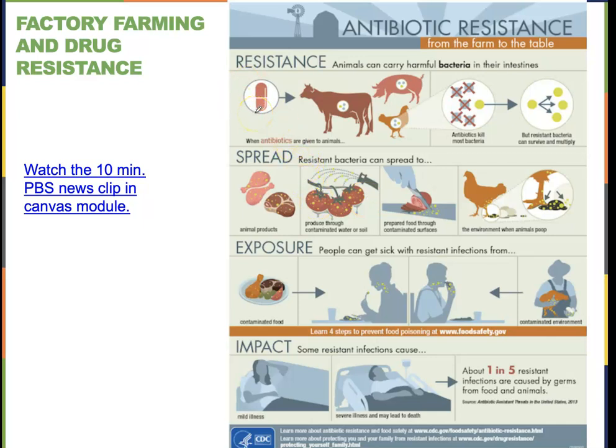Antibiotics are now used in many, many factory farms, right? These are really large, huge farms that make meat, for instance. And they give the cattle, they give the animals antibiotics as just part of their food. The antibiotics are in their food.